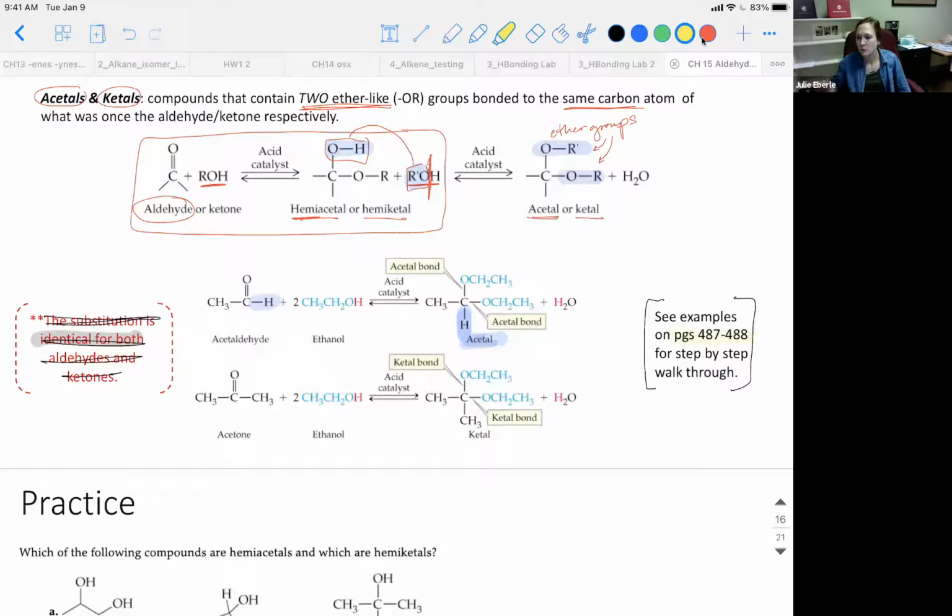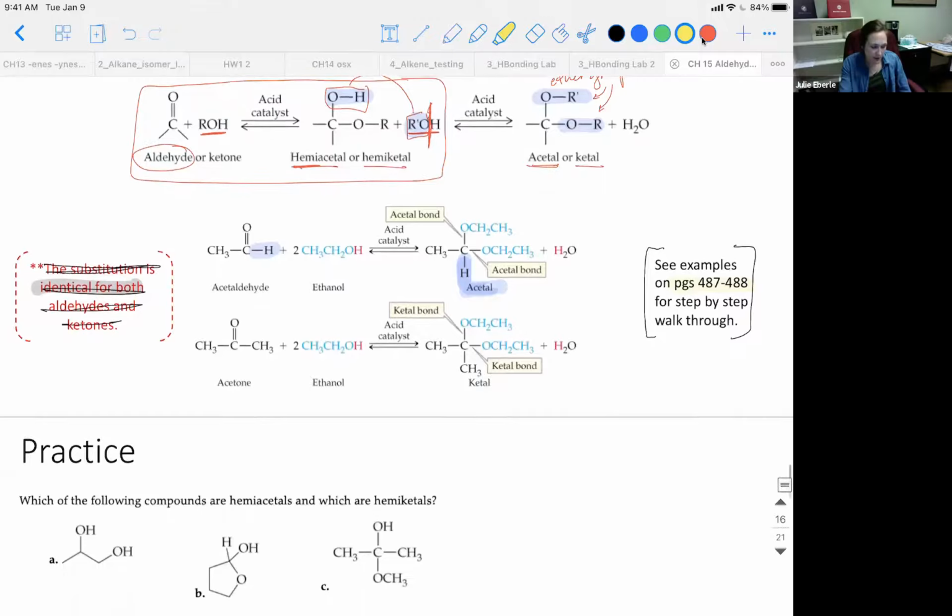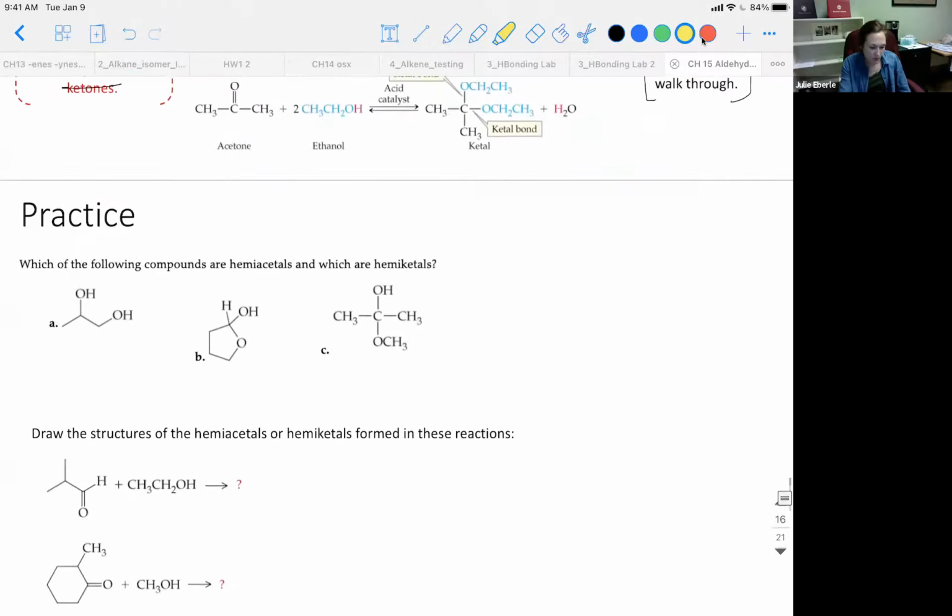I might show you a reaction and ask, is this formation of an acetal or a ketal? I want you to recognize it if I show it to you. I want you to know the difference between a hemiacetal and an acetal, and a hemiketal and a straight ketal. So we're actually going to practice that right now before we finish up.